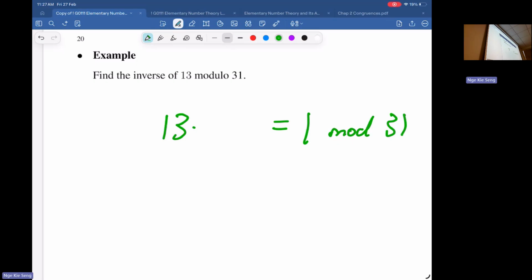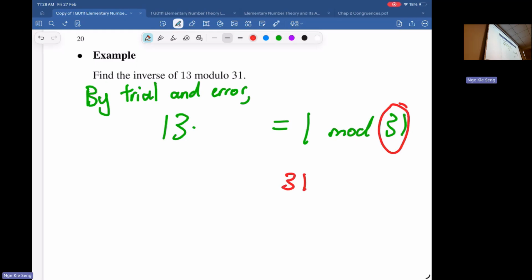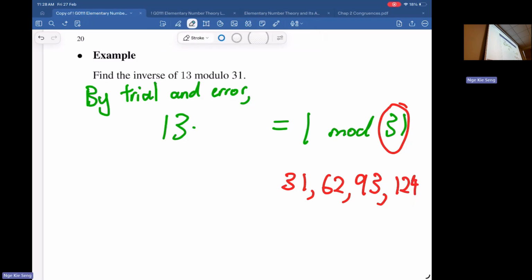I think there's no trick to do this, just trial and error, just try until it works. Maybe a bit painful, but one way you could try is start with multiples of 31: 31, 62, and 93, and so on. But this is not the one you care about. You want to know up to these plus 1.